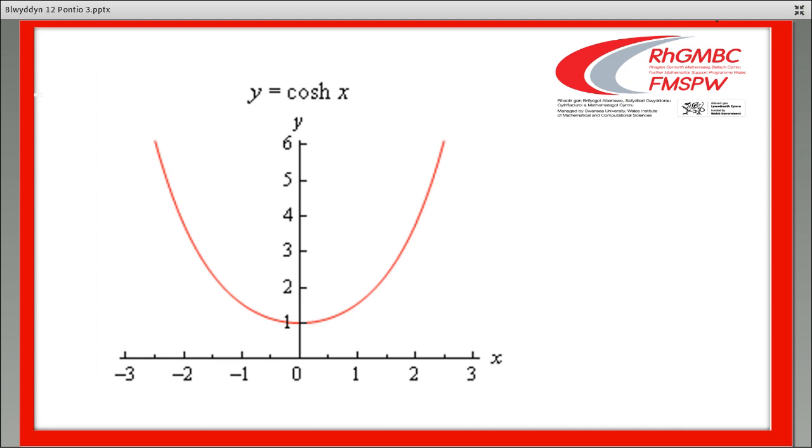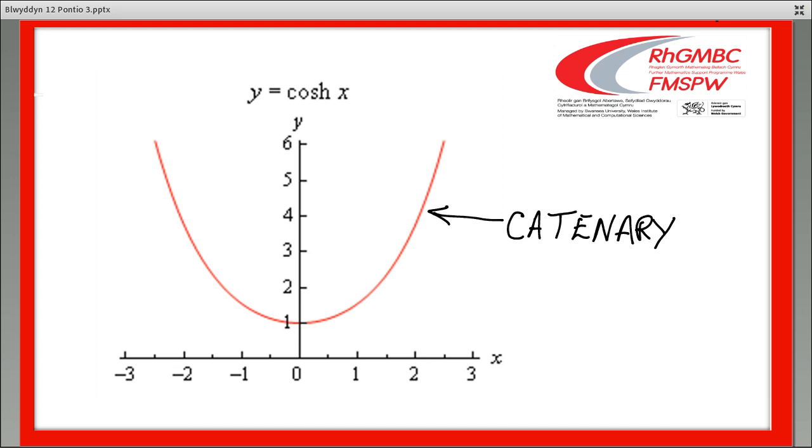It is a little bit flatter, but this curve has a special name. This curve is known by the name of catenary, C-A-T-E-N-A-R-Y. That curve is very, very important in engineering and building.